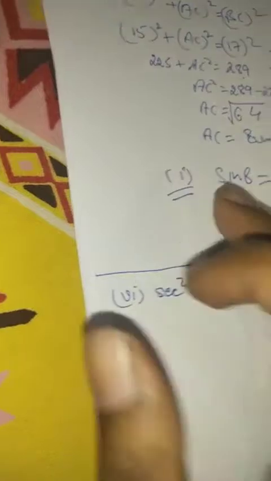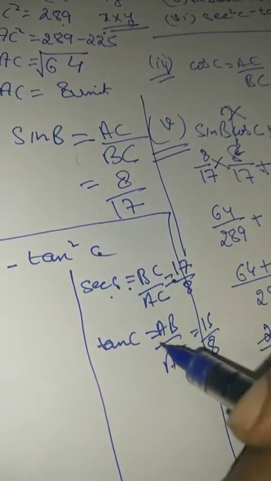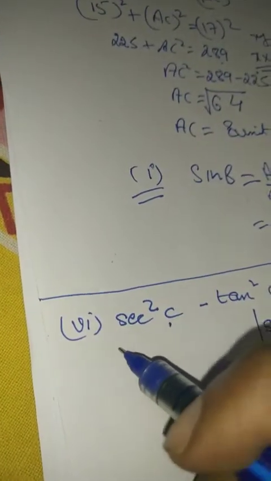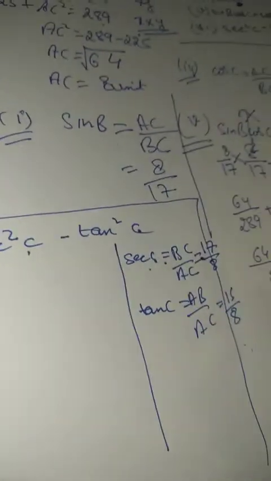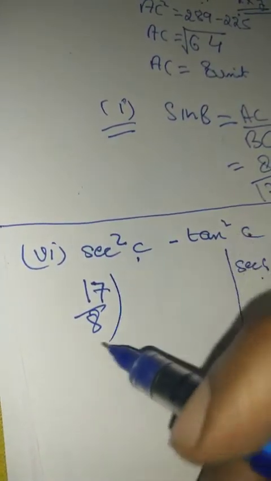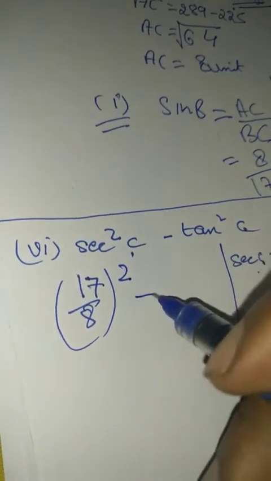Now let's substitute the values. When we substitute, there is no need to write down AB upon BC or these ratios. You can directly substitute the values of these ratios that have come out. So the very first ratio will be 17 upon 8. Now the whole square means the square of the complete ratio.